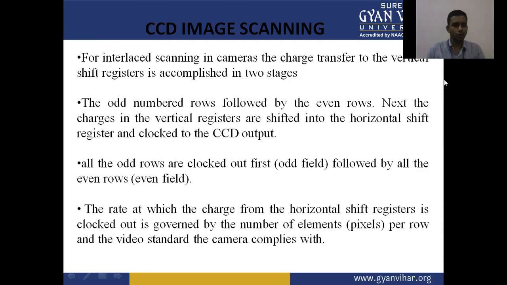All the odd rows are clocked out first, followed by all the even rows. The rate at which the charge from the horizontal shift register is clocked out is governed by the number of pixels per row and the video standard the camera complies with.